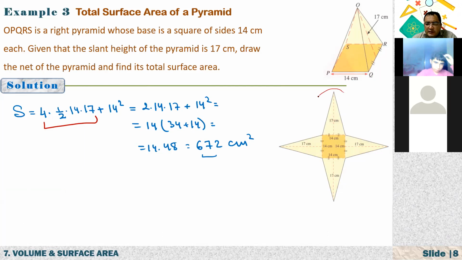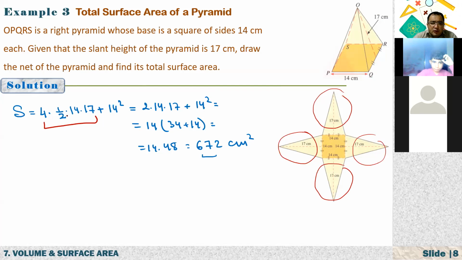As you see here, this triangle is identical to this triangle, and to this triangle. We have such 4 triangles, right? Right. And that one is the area of one triangle, and I just multiply this by 4. Yeah, thank you. Okay.